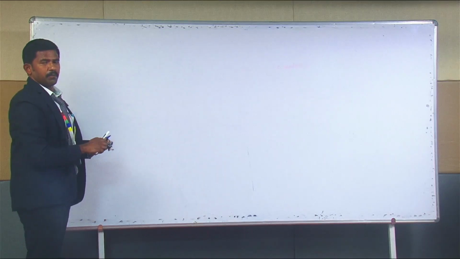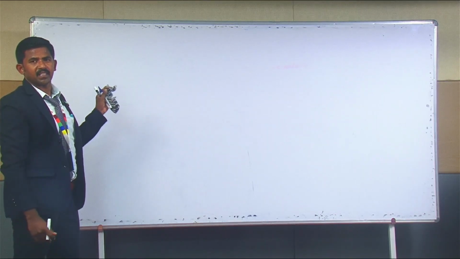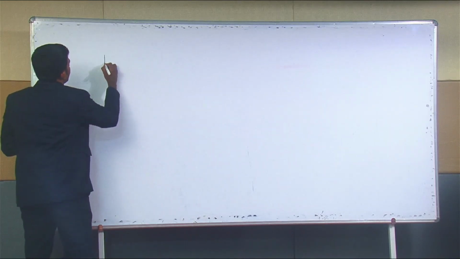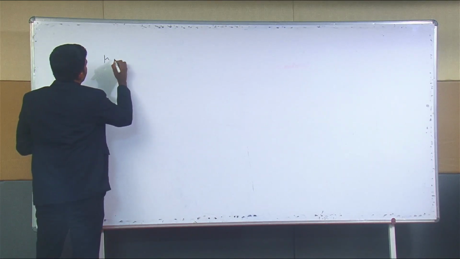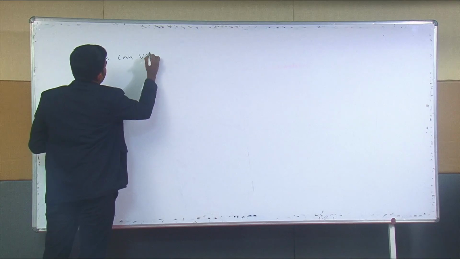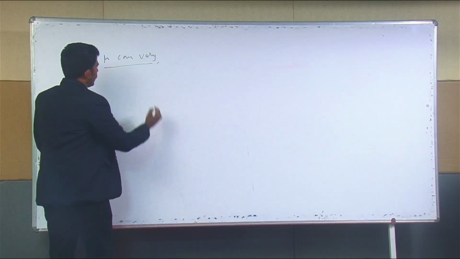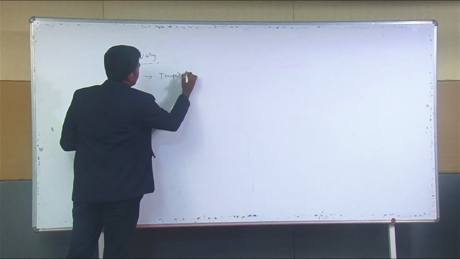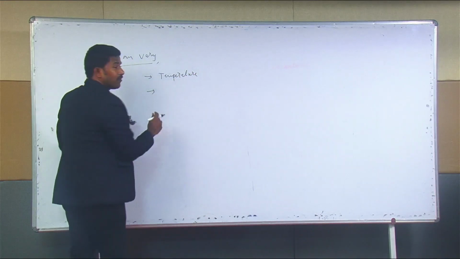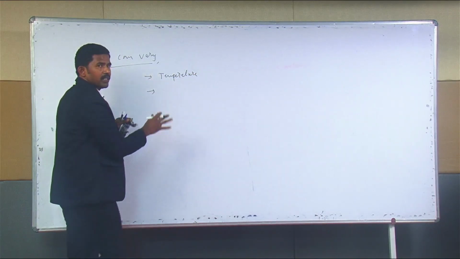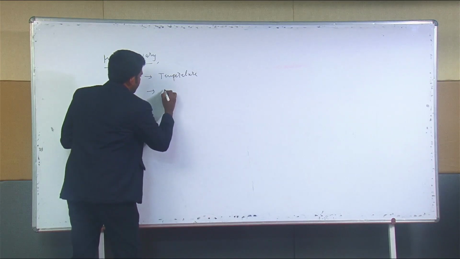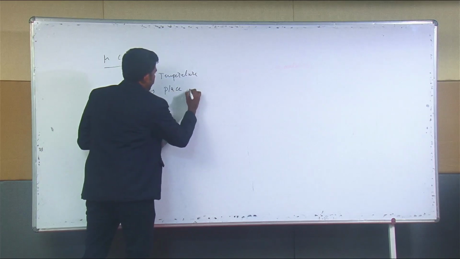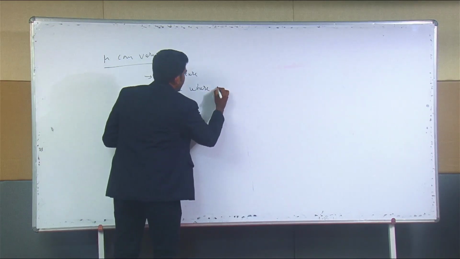Since magnetic permeability as well as magnetic susceptibility is very important, mu can vary with respect to temperature and with respect to where we keep the material.